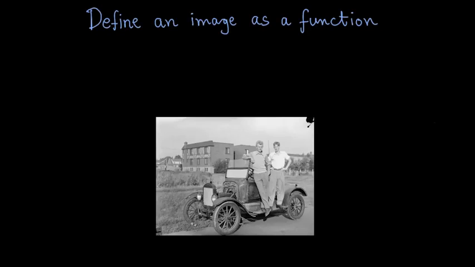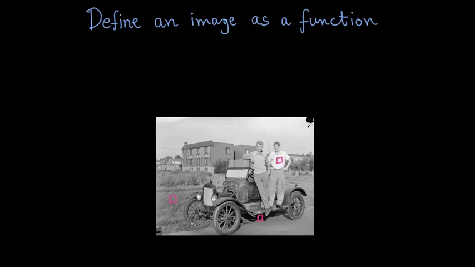Now, how is this a function? Well, you can think of an image as a collection of light intensities at different locations. For instance, this area on the shirt is pretty bright. Here, this shadow is dark, and this grass somewhere in between. Now, how would you identify these different locations? Note that these locations are laid out in a 2-dimensional space.